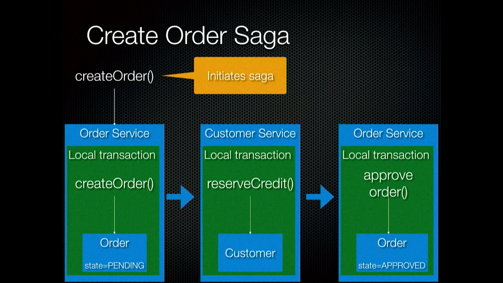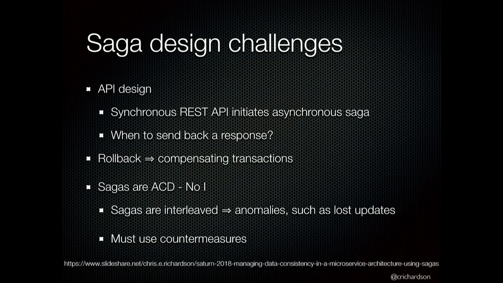In some cases this is extremely simple to implement, but there are a number of challenges with managing data consistency in this way. The first issue you run into is API design. You could have a synchronous REST request like create order, POST /orders.